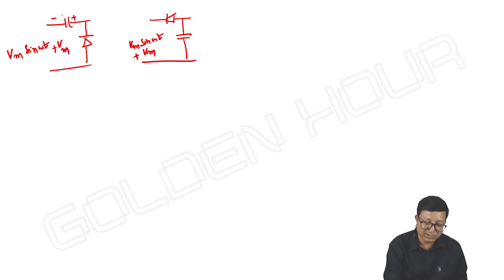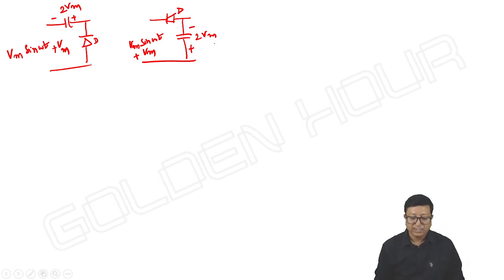The capacitor will charge up to 2 Vm. Right, here the polarities are like this, 2 Vm. And diode voltage we know. Okay, diode voltage is equal to, diode is upwards.